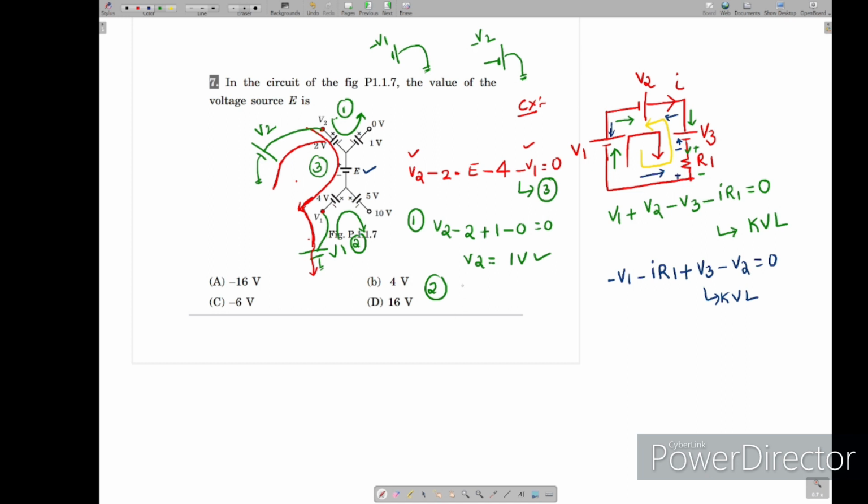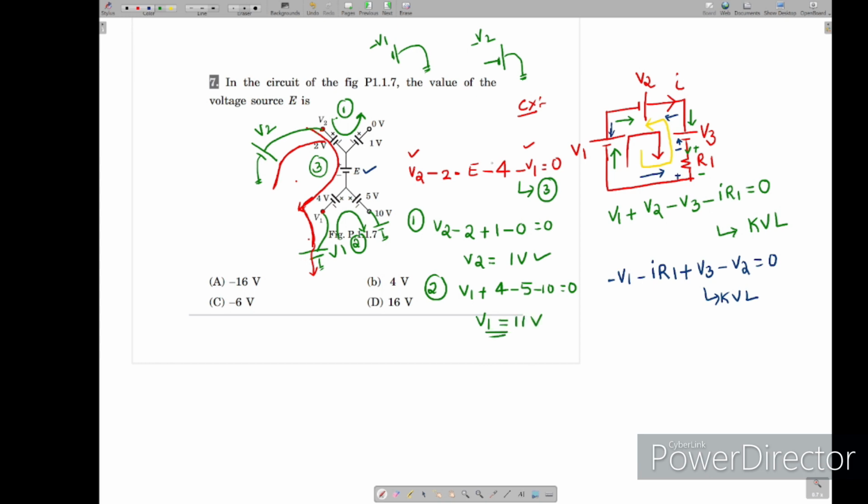So V1 minus, here positive to negative, negative to positive, 4, again minus 5. This 10 volts also we can connect like this. Again high to low decrement, so minus 10 equal to 0. So V1 equals minus 15 plus 4, minus 11. If we go to this side, it will be 11 volts.